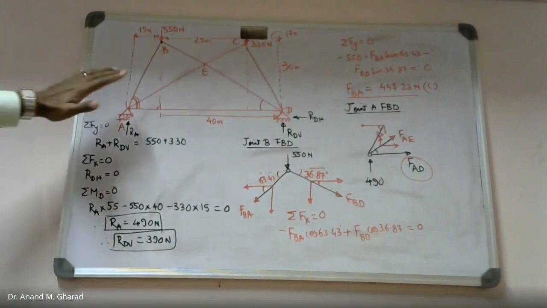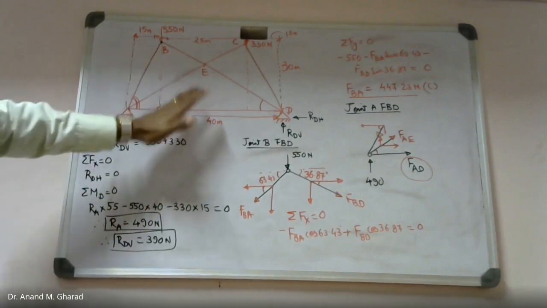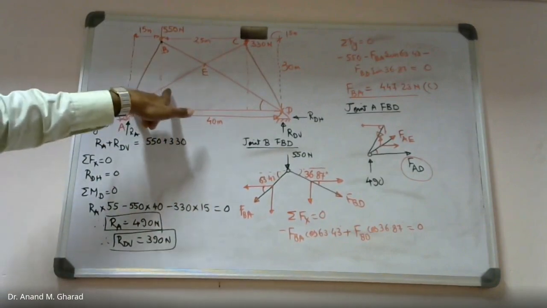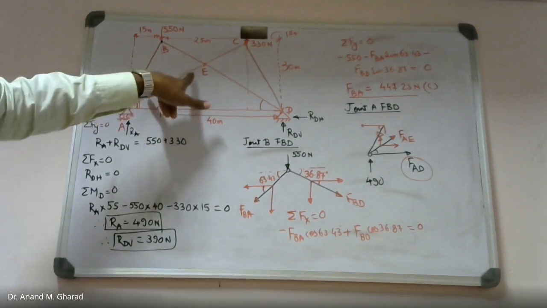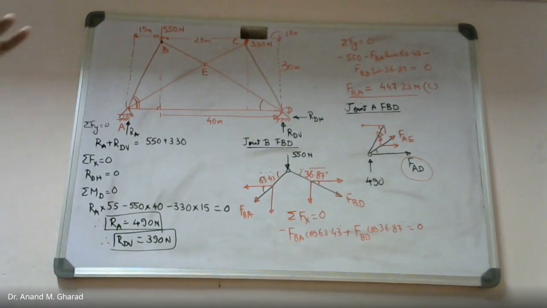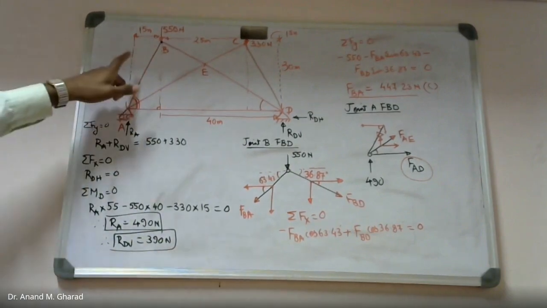So in that case, let's say for example over here you are supposed to identify force in member AE. For such typical cases, method of section is very, very useful.